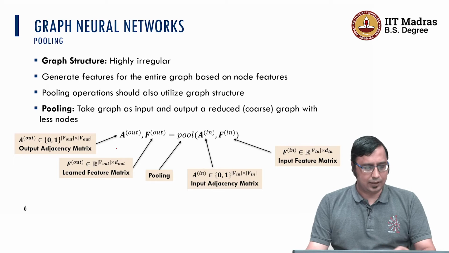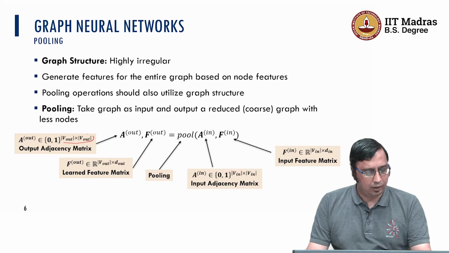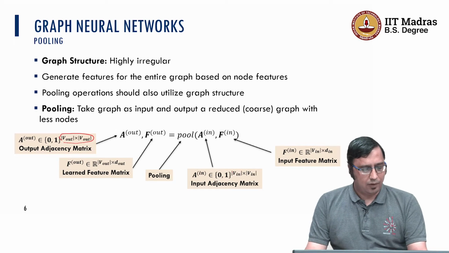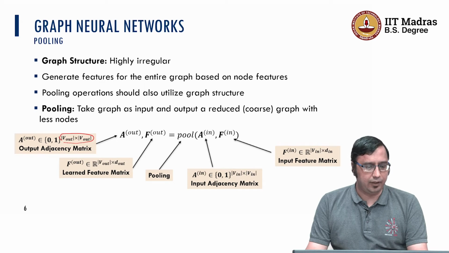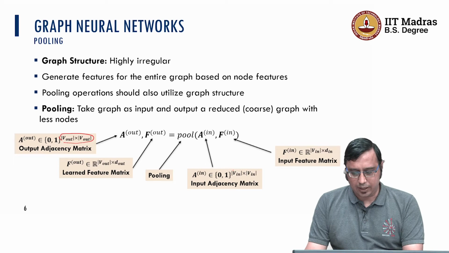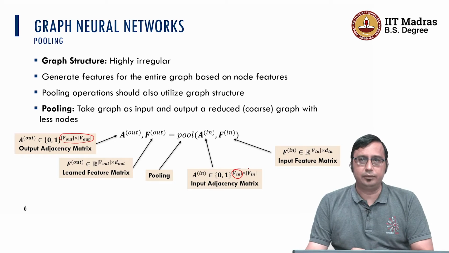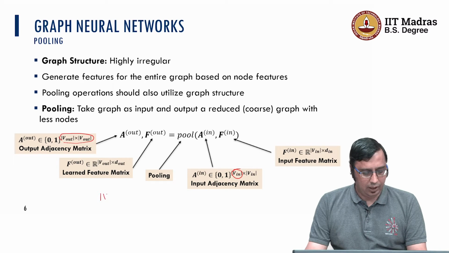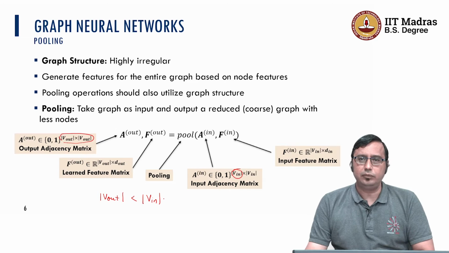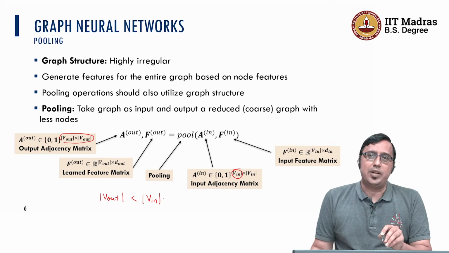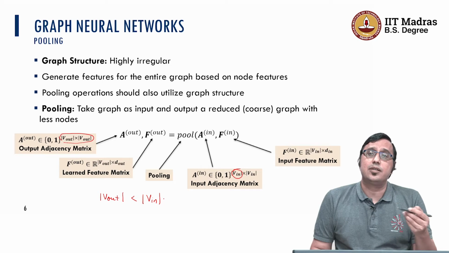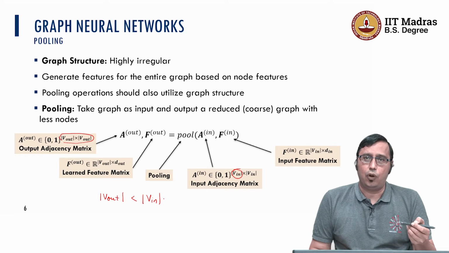Now you can see that the cardinality of the set V out and the cardinality of the set V in are different. Typically V out is less than V in. In other words, the pooling operation allows us to change the structure of the graph.